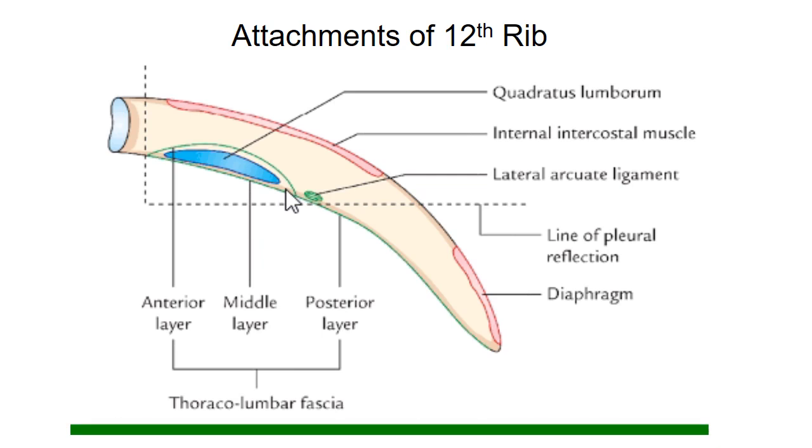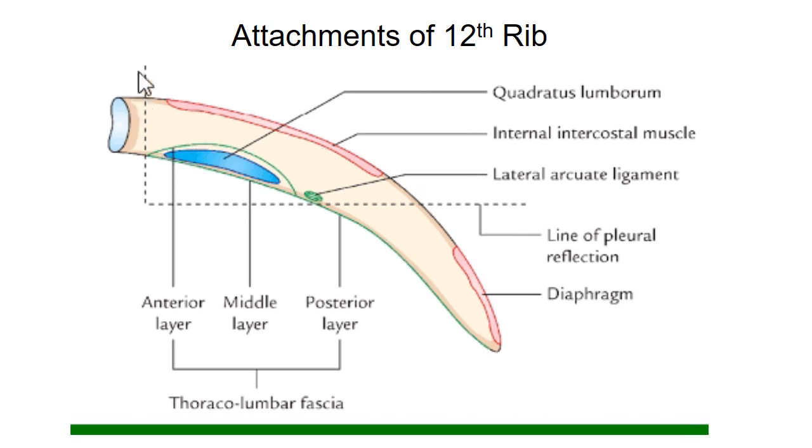Then there is insertion of the internal intercostal muscle near the upper border. This one. The costodiaphragmatic recess of the pleura, which is basically a potential space in the pleura. We'll talk about the pleura and costodiaphragmatic recess in our subsequent lectures.